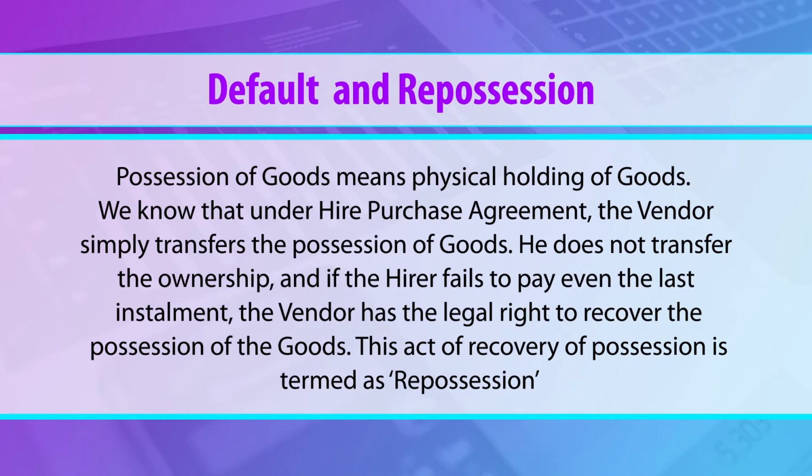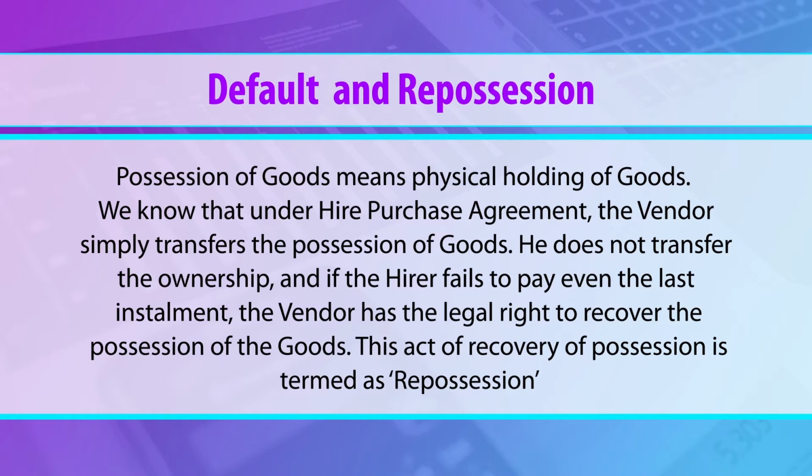Possession of goods means physical holding of goods. Dear students, we know that under a hire purchase agreement, the vendor simply transfers the possession of goods. He does not transfer the title of the goods, and if the hirer fails to pay even the last installment, the vendor has every legal right to recover the possession of the goods.